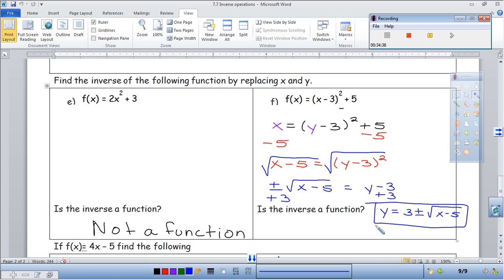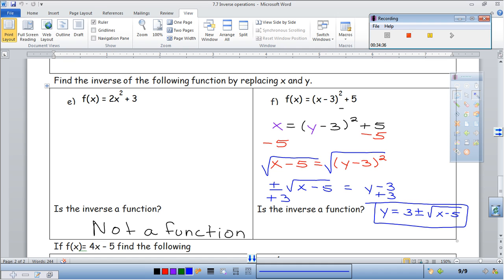Any questions over that? Okay, yeah. Well, on a test it would be like this, because if I put the 3 afterwards, some people might think it's inside the radical with the 5, and I want to make sure you know that the 3 is outside. Okay. Any other questions? Okay, so is this a function, class?